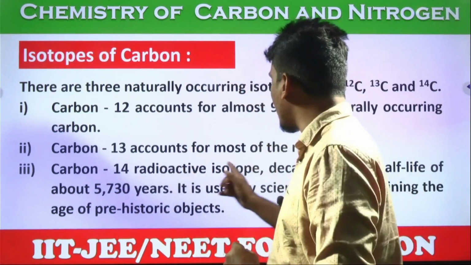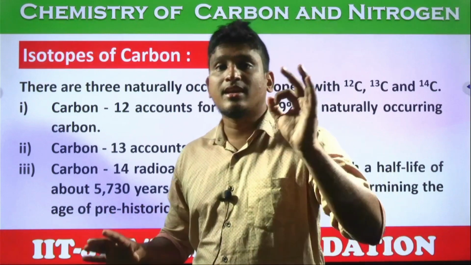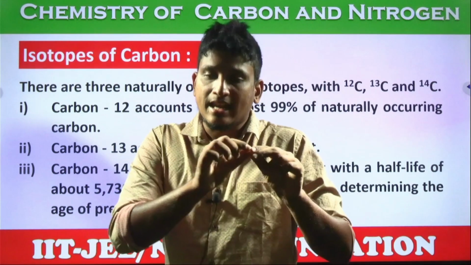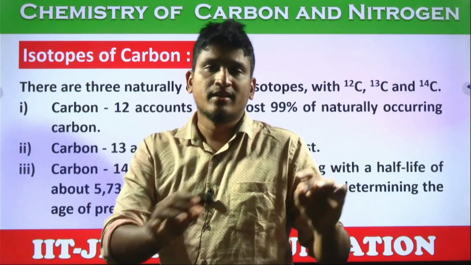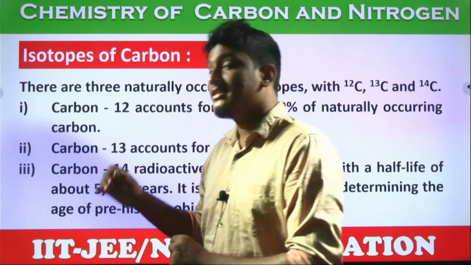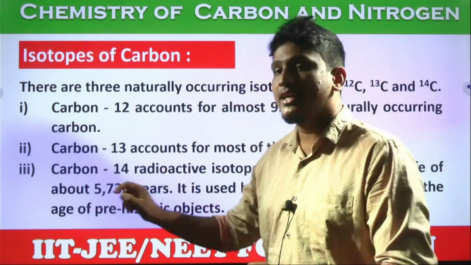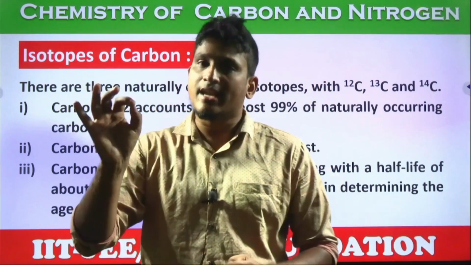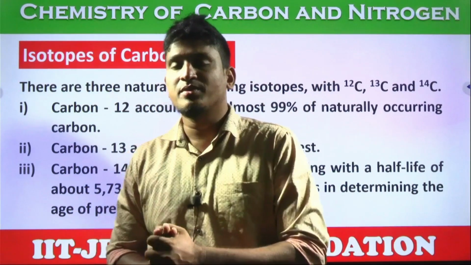C14 is a radioactive isotope, students. Have you heard about the carbon dating technique? That means we can easily find the age of fossils, like dead remains. We can find their age based on this carbon dating technique. That technique is based on the carbon-14 isotope. Why? Because carbon-14 is a radioactive isotope with a known lifetime.